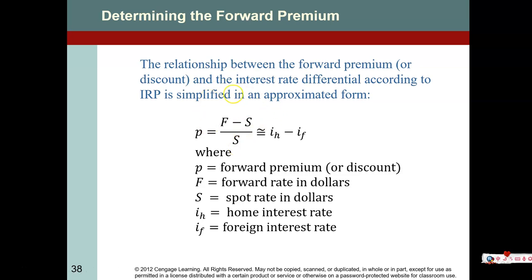This is what we already learned before, right? Forward premium equals forward minus spot rate divided by spot rate. And it's going to be equal to IH, the home interest rate, minus IF, the foreign interest rate. This is a simplified version of the equation in the last slide.